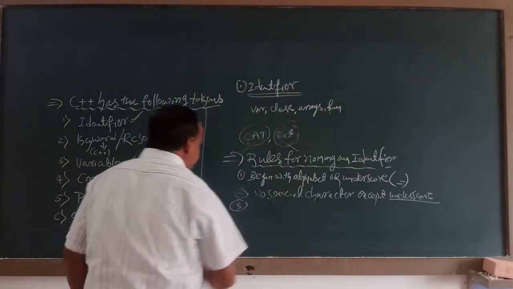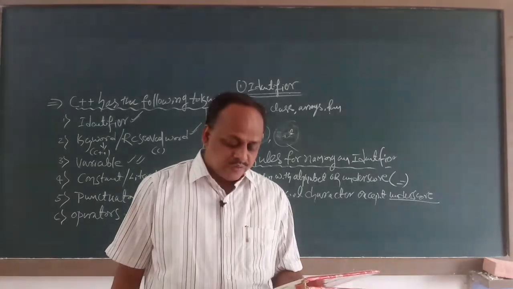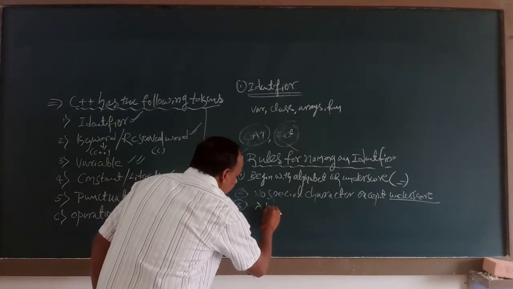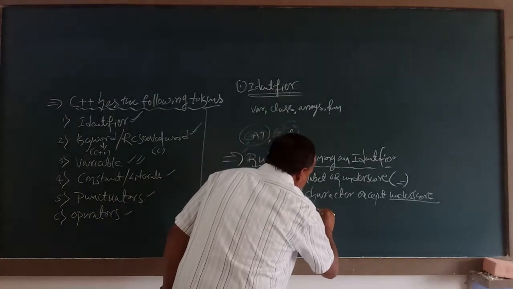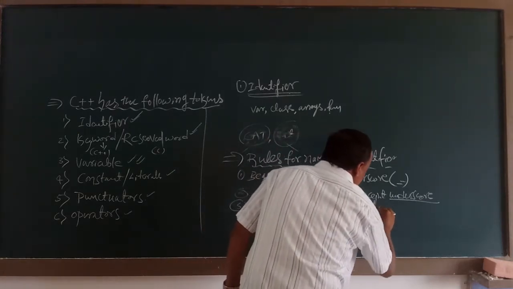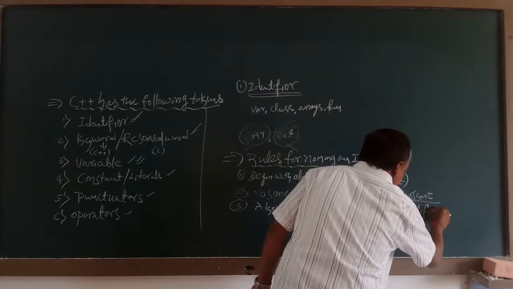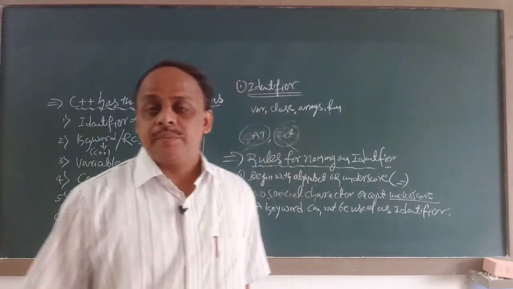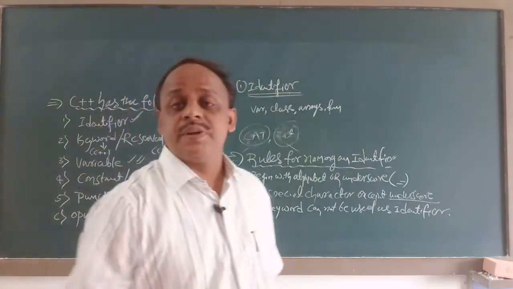Now third one, let us see here. A keyword cannot be used for naming an identifier, right? A keyword cannot be used as identifier. Keyword is the next term, I'm going to explain it afterwards.